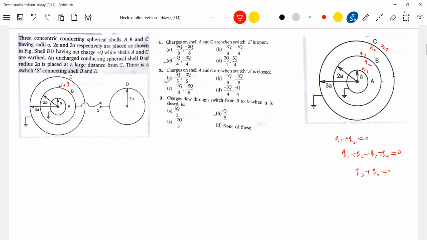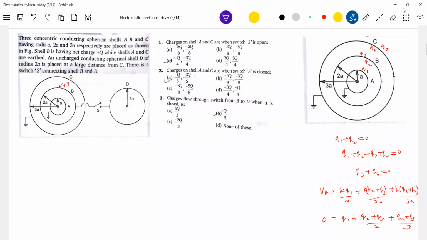Potential of shell A: Q1 by A, Q2 plus Q3 by 2A, Q4 plus Q5 by 3A. This should be equal to 0. K gets cancelled. So Q1 plus Q2 plus Q3 by 2, Q4 plus Q5 by 3.